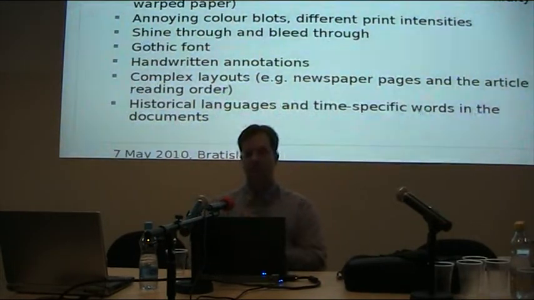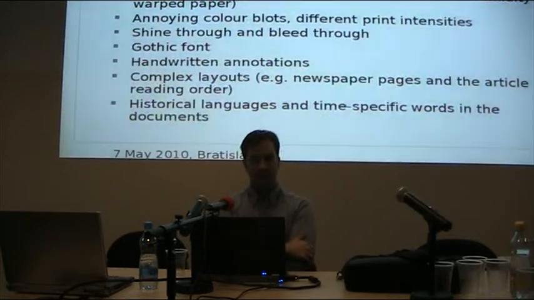So what are the challenges of historical materials? We have warped book pages, mainly because of the thick spines. We have skewed and distorted scans, curved text lines, and also creased pages due to the humidity of the paper.